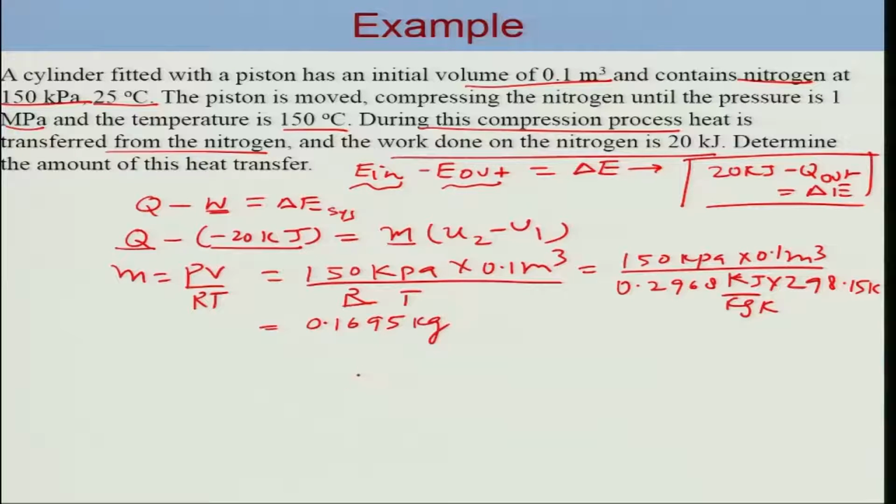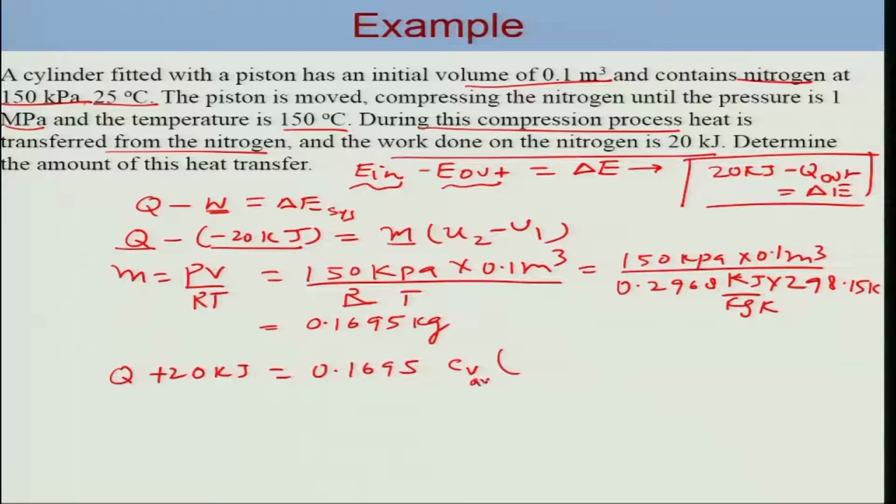Now the next thing is how to find the change in internal energy. So we can write Q plus 20 kilojoules is equal to 0.1695 times delta U, and delta U can be written as Cv average times T2 minus T1. Considering the difference, we will take an average here.